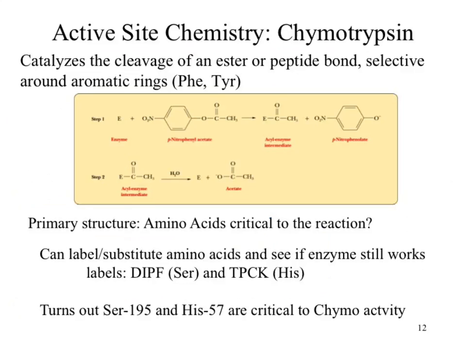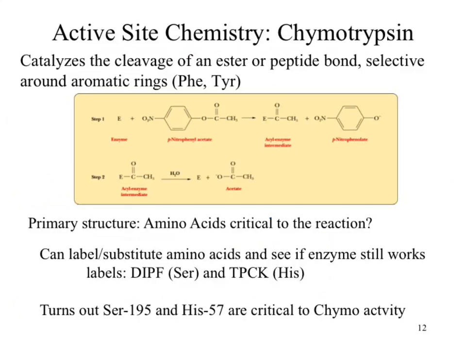So it tends to be rather selective for the peptide bond. But the ester bond is very similar in chemistry, so it can also cleave ester bonds. It also tends to be selective around these two amino acids, phenylalanine and tyrosine. So what does that necessarily mean? Some part of that enzyme is looking for that aromatic ring before it can do the cut.